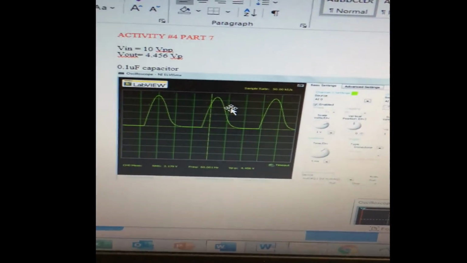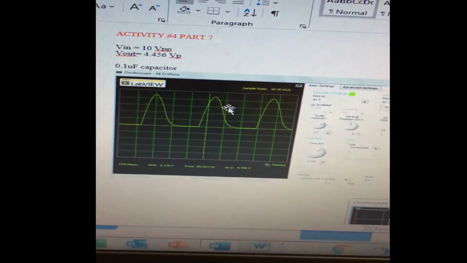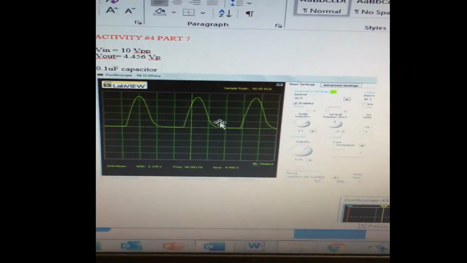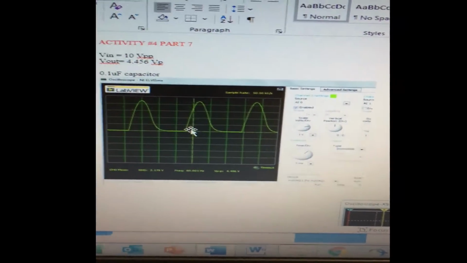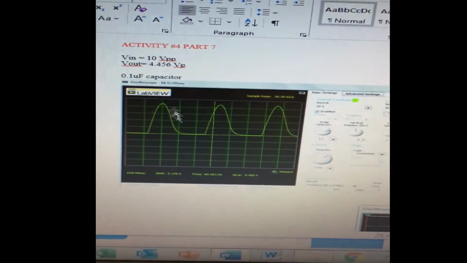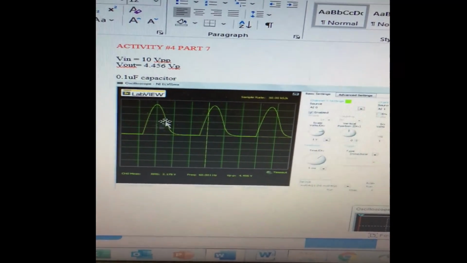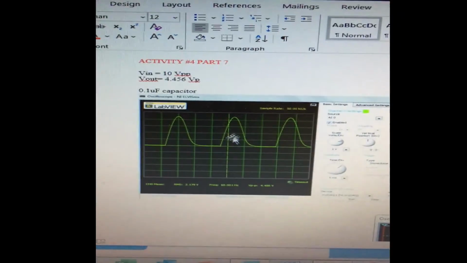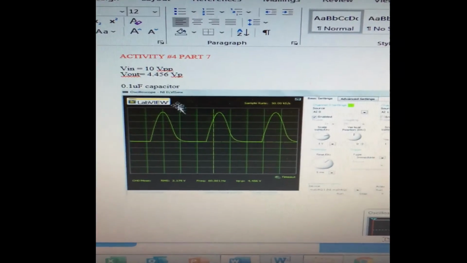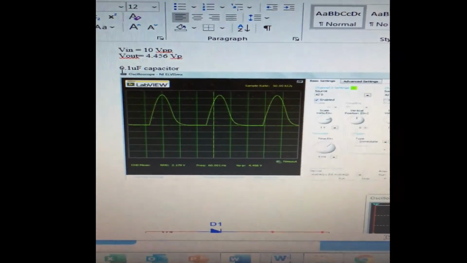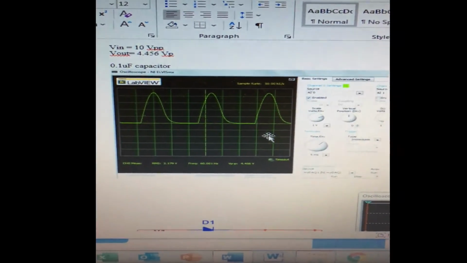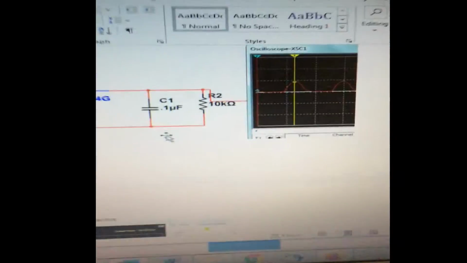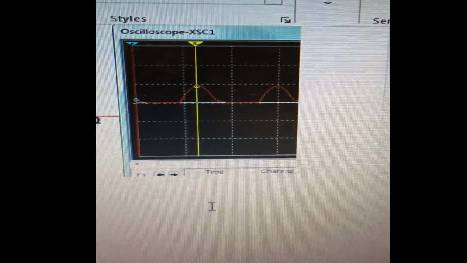Here, for part 7, it is a half-wave rectifier, but in this case we added a capacitor. You can see the capacitor's role is just to smooth out the pulsating DC signal. We did this with only a 0.1 microfarad capacitor. Similar result to Multisim. The bottom is smoothed out.